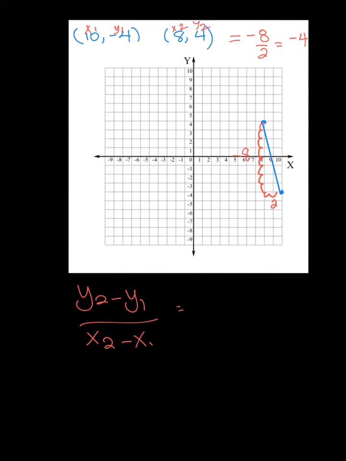So y2 is 4, so 4 minus y1 is -4, over x2, 8, minus x1, which is 10. So my 4 minus -4 changes to a plus. So I have 4 plus 4, which gives me 8. All right, 8 minus 10 gives us -2. And 8 over -2 gives us -4.